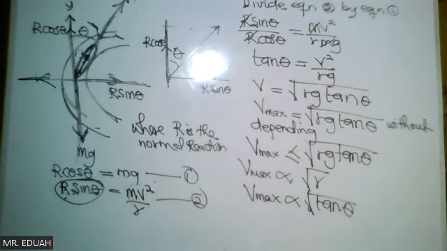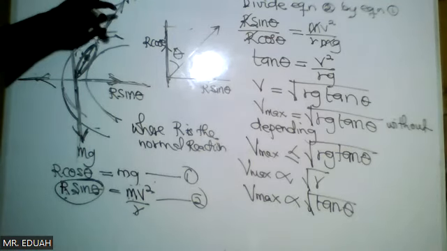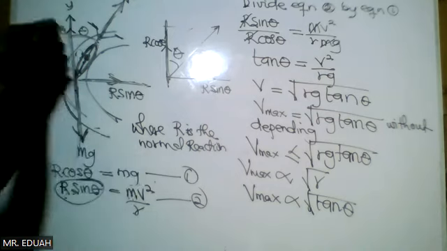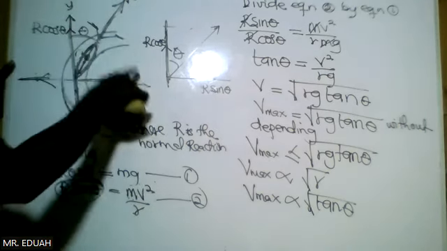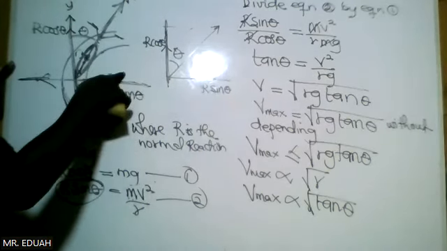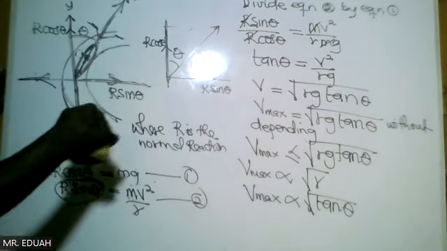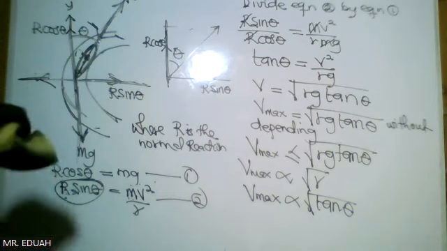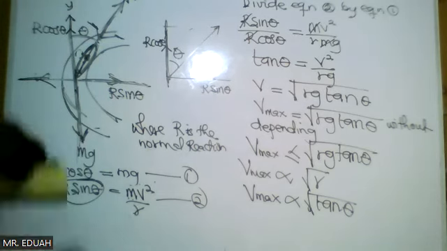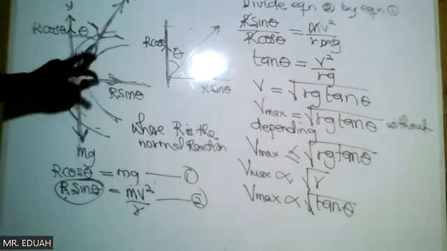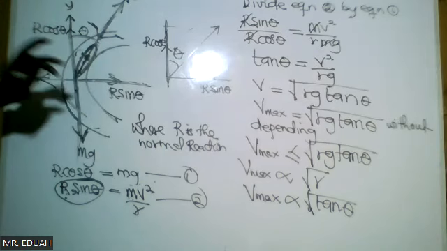to factor that. And that is the whole essence of banking of roads. For this one, 2 wheels can do it. The rider can turn the bicycle, turn his body, and so will turn the bicycle or the motor.